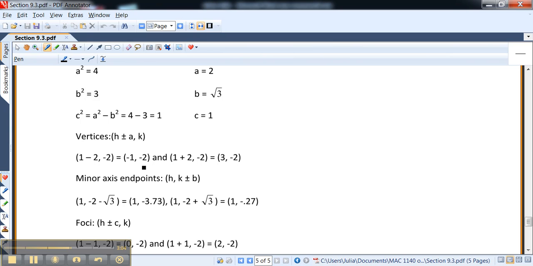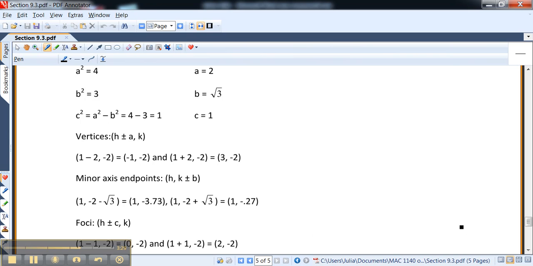Notice only the x has changed because the major axis is right under the x. Now, for the minor axis, the y would change, so this is how we plug in. Negative 2 minus square root of 3 or negative 2 plus square root of 3. Now I calculated those on the calculator so we could graph, and those are the points I got.